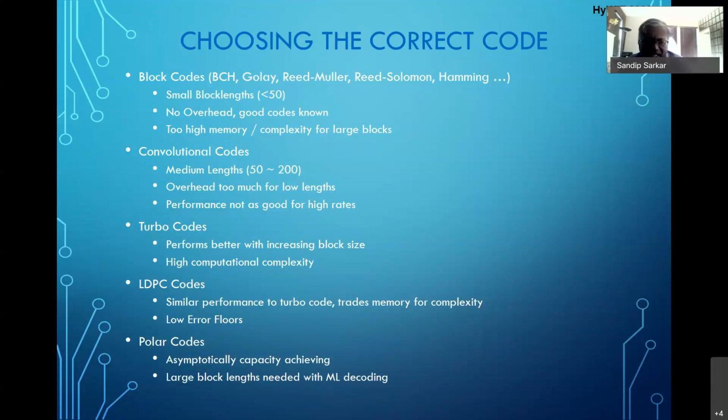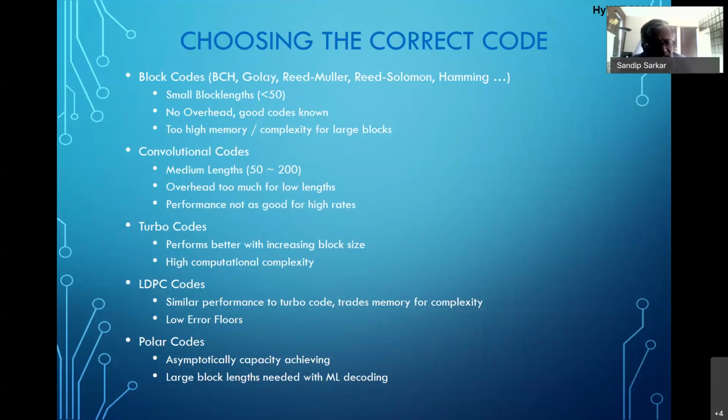Control channels are typically small and convey a small amount of information, so for those, obviously block codes are a good thing. For data channels, there are two kinds, either voice or data, at least in the initial 3GPP systems. For voice, of course, convolutional codes would be a good choice. For data, on the other hand, which is typically large length, people use turbo codes.